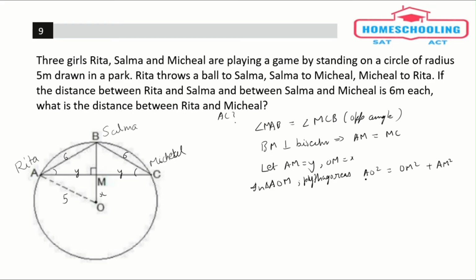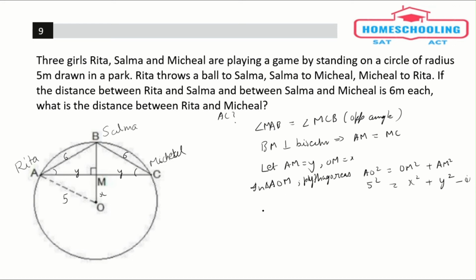So 5 square is equal to x square plus y square. Let us take this as equation 1.